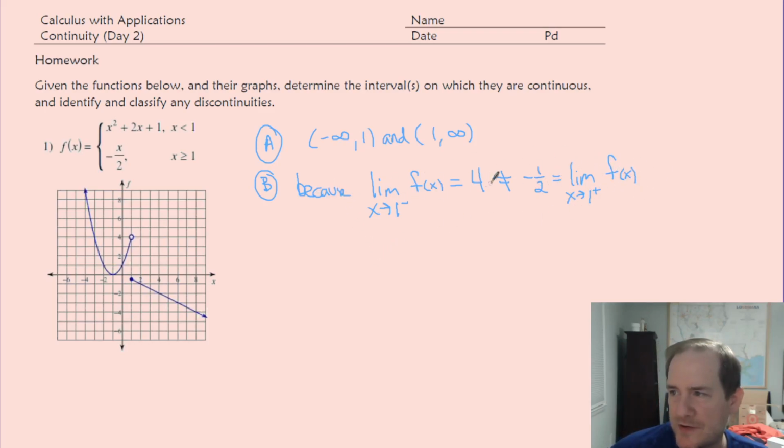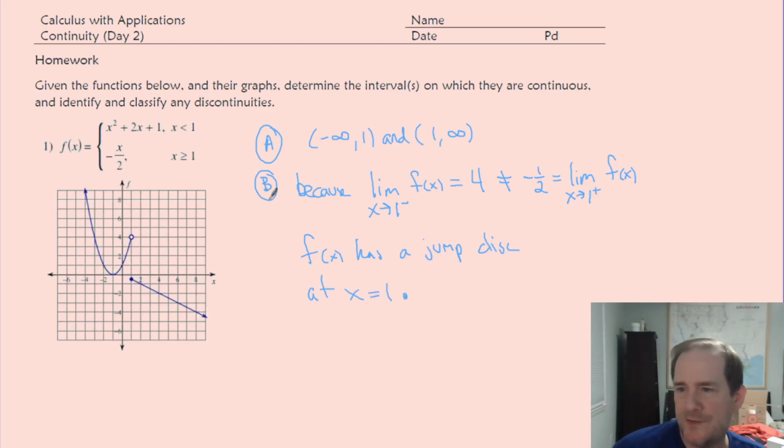So because the limit equals 4, which is not the same as the other limit, negative a half, we can say f of x has a jump discontinuity at x equals 1.